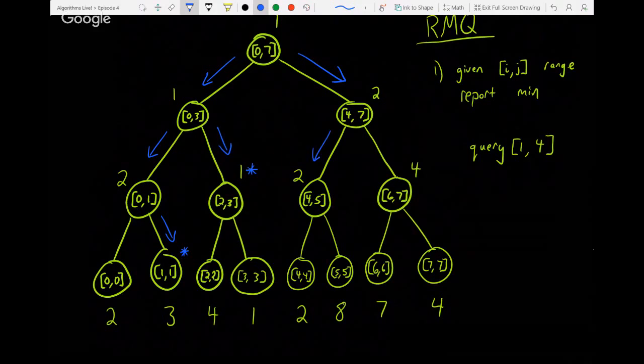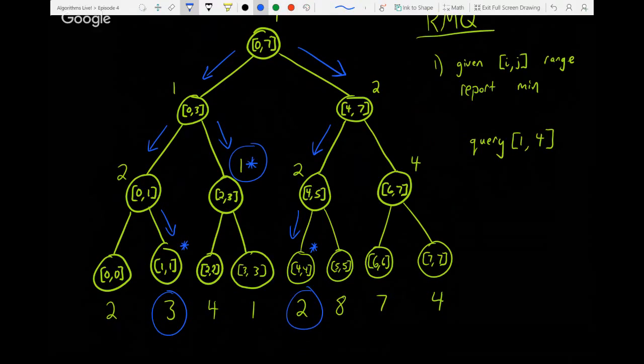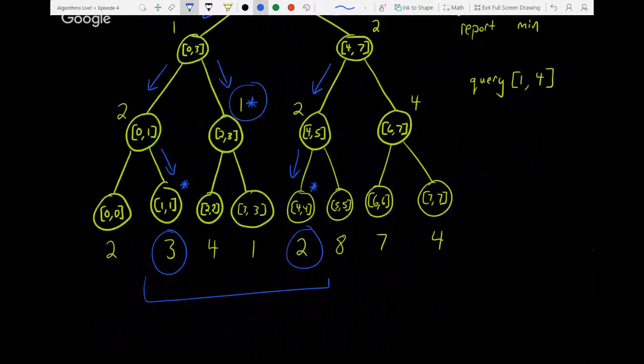So I'll go down my left subtree, and I'll go down my left subtree again because I have a partial cover. I end up finding this element 2, and that's what I end up returning. And so I end up taking the min of 3, 1, and 2. That'll be my answer for the range 1 to 4, which happens to be 1 again.